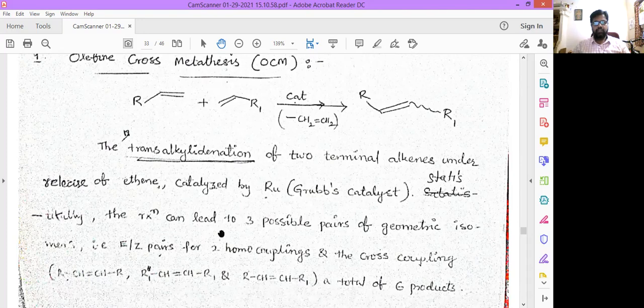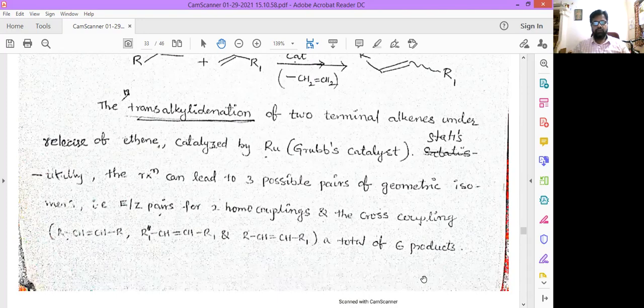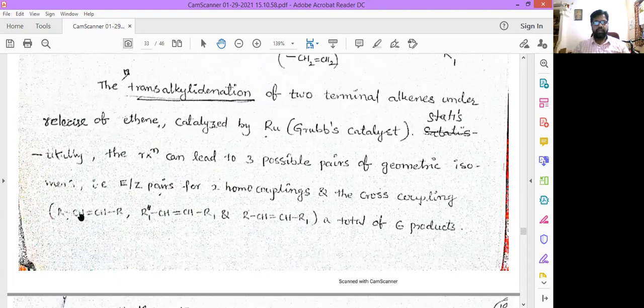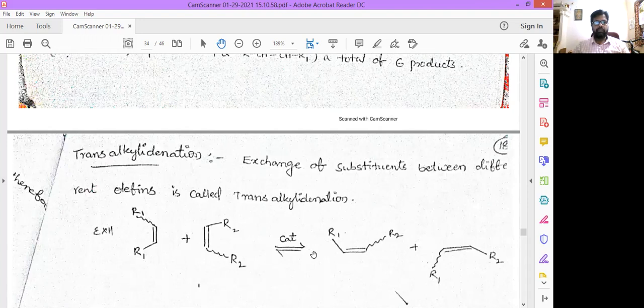Statistically, the reaction can lead to three possible pairs of geometric isomers, that is E/Z pairs for two homocouplings and the cross coupling, right? So total 6 products. These are the different types, so you can get R1-R1 or R1-R2. Different types of cross couplings will be possible.